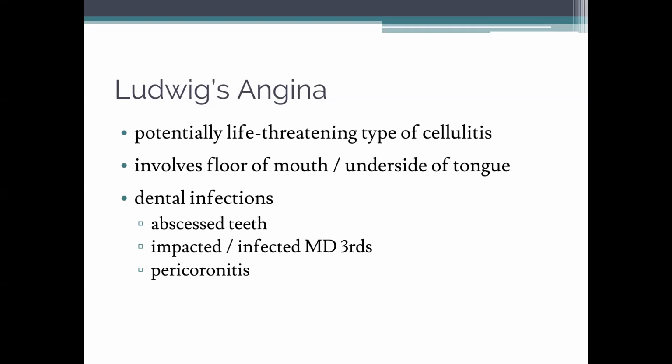Pericoronitis. Have you all heard of pericoronitis? If you have wisdom teeth that are covered by gum, that gum gets infected. That's pericoronitis. Bacteria that are involved. Remember we were talking about strep mutans. That's a wimpy bacteria.